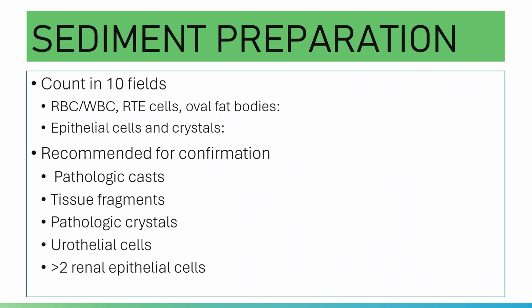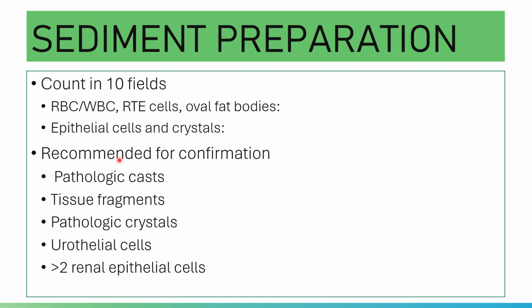You sum them, get the average, and report it as a numerical range per high power field. If that falls in 3 to 5 or 5 to 8, 5 to 10, then you report it as a 5 to 10.